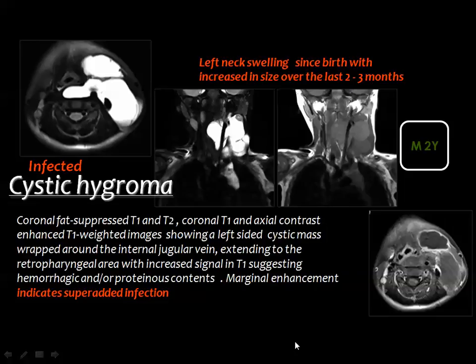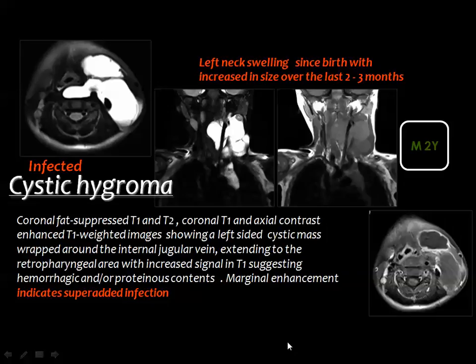Then you know that cystic hygroma is one of the cysts frequently encountered in the neck, and this cyst is usually large. It may contain multiple internal septations, and one of the diagnostic issues that should be reported for the cystic hygroma located in the neck is if there is any mediastinal extension.